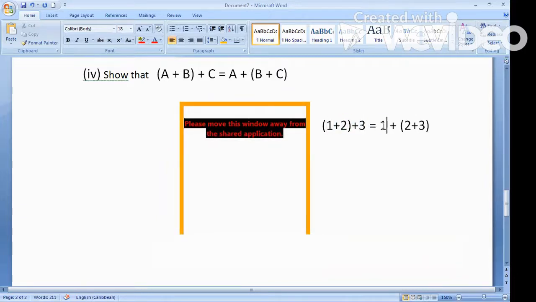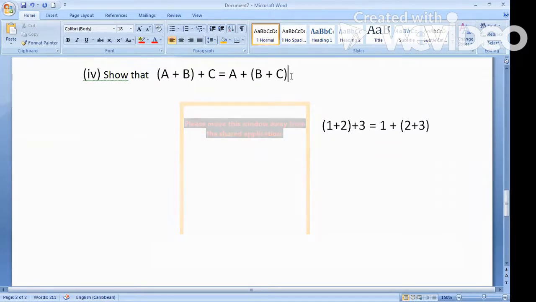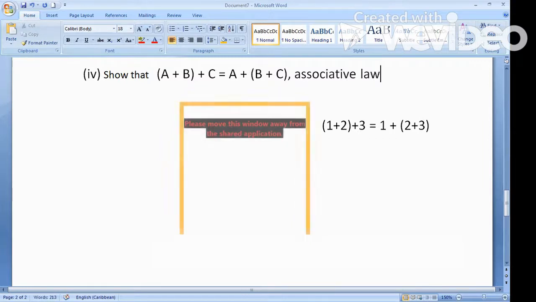All right. And look at this. 2 plus 3 is what? 5. 5 plus 1 is also what? 6. So 6 is equal to 6. And there's a special law. It's when they're equal. It's called the associative law, or the law of association.